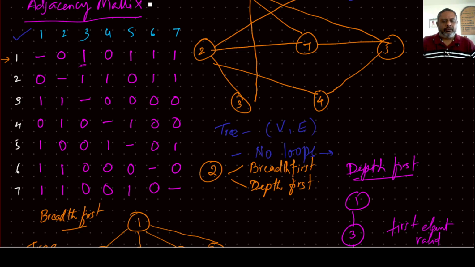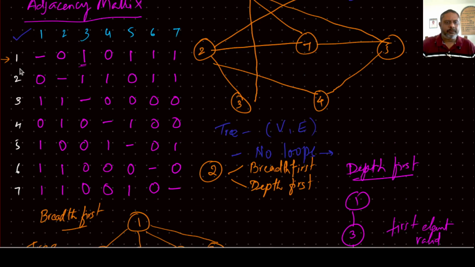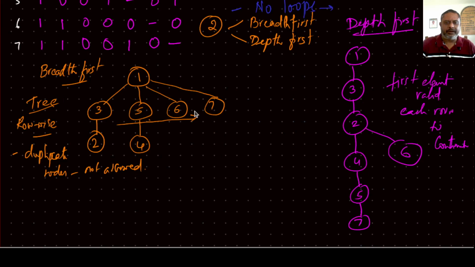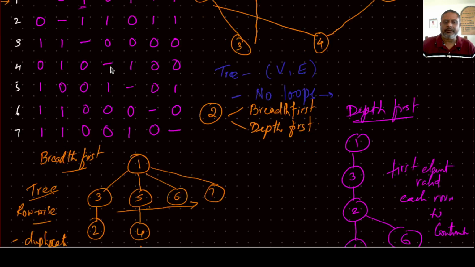So how did we work on this? If you look at the logic of working this one, we started with the first row, and whatever is 1 in the first row, we just added them one after the other. All of them in the first row whose value is 1 are added.